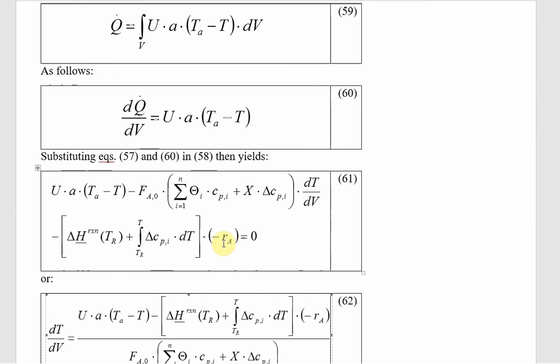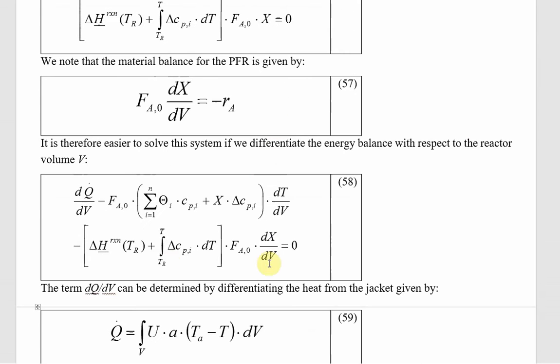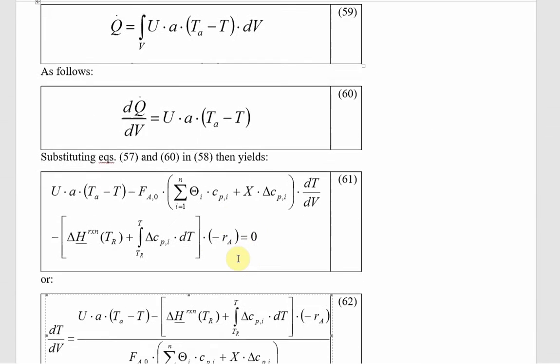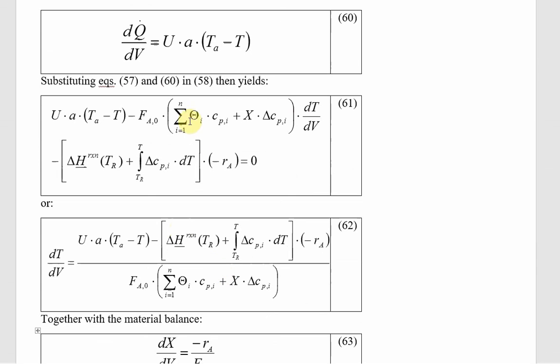So we replace that down here. Right, so we leave the dT dV as it is, and then in this equation where we have dX dV, we just rewrite that as the minus rA. So we just replace that there. So that's the form of equation that we have now. And then we just rewrite it in terms of dT dV. So that's the equation we have now.